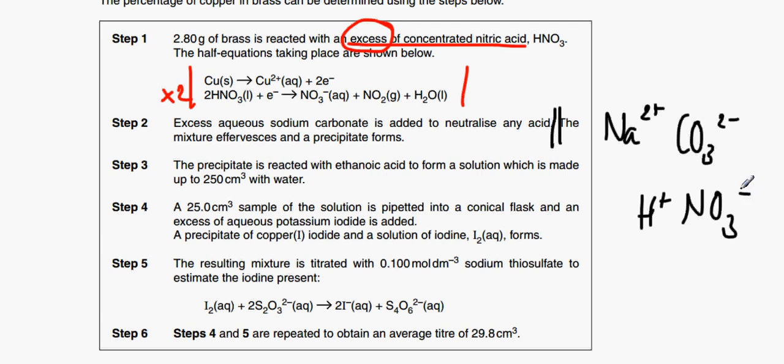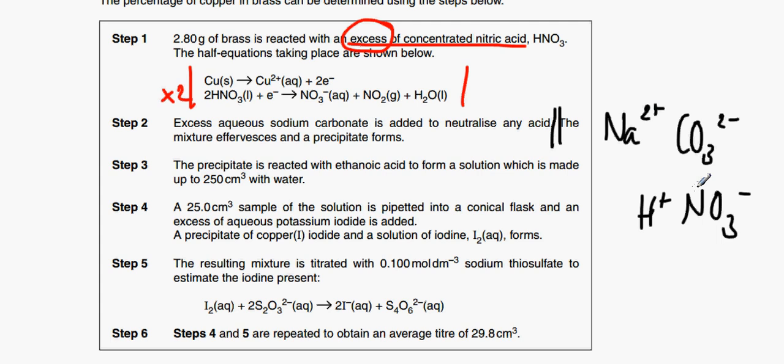And we've got to figure out what is going to react with what. Seeing as it is an acid, we are going to react this H plus, because it's donating protons, with a base, and it's obviously not going to be sodium, so it has to be CO3 2 minus.